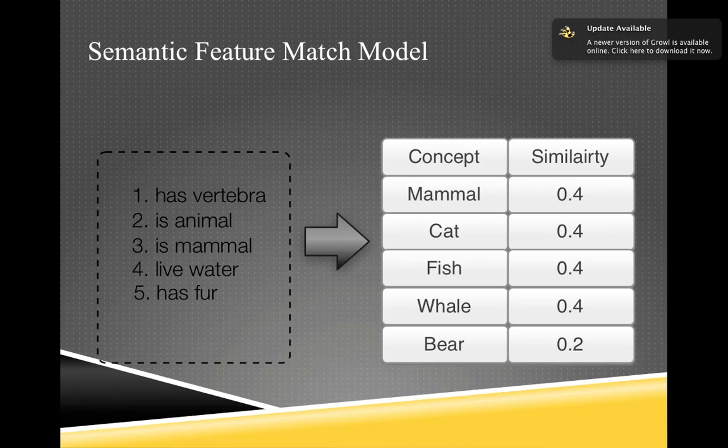From this example, you can see that we can easily calculate the similarity list of each concept in the plain text. So the next question to use semantic feature model is, how can we construct the topology of the whole plain text based on the similarity matrix?